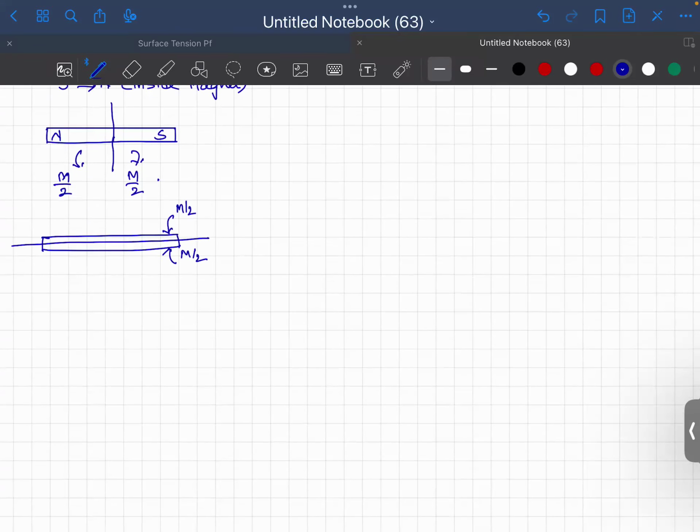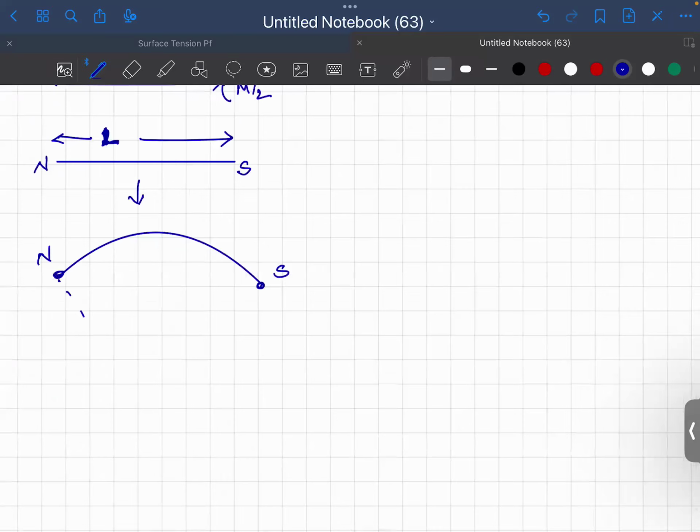See, if a wire is magnetized, say, for example, this is the south pole and this is the north pole, and the length right now is some L. What I have done now is bend it into the shape of an arc, with south and north poles and angle theta.